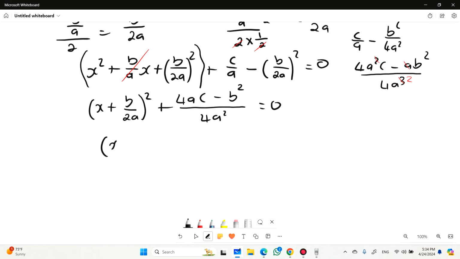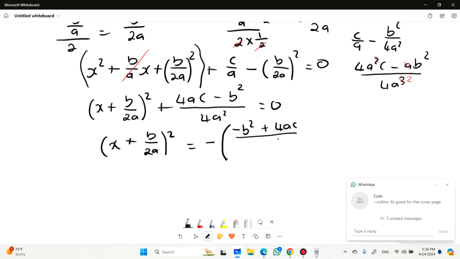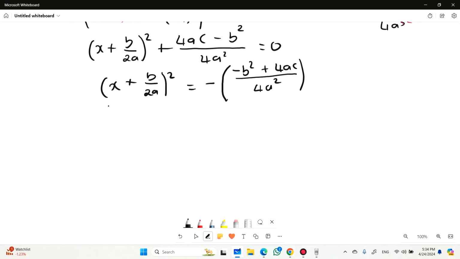Therefore I have x plus b over 2a squared, which is equal to negative, it will be negative, negative b squared plus 4ac all divided by 4a squared. The left hand side remains as is.